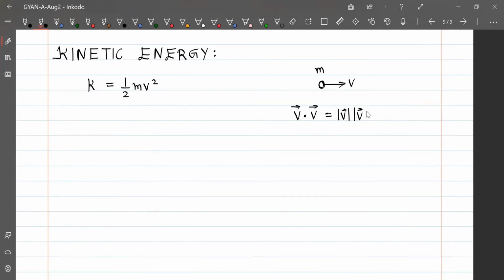Cos of 0 is 1, mod of v will be v, so this will just give you v square. तो v स्क्वायर को हम लिख सकते हैं सिंपली v dot v। तो अगर वेक्टर फॉर्म में लिखना चाहें, you can simply write it half m v vector dot v vector. So velocity का उसी के साथ डॉट प्रोडक्ट कर दिया तो v स्क्वायर आ जाएगा। This is for a single particle system.